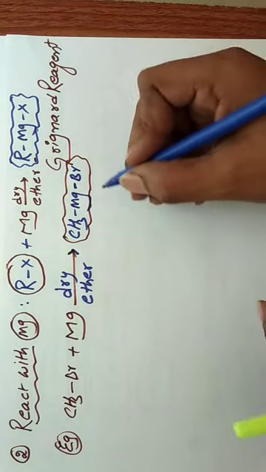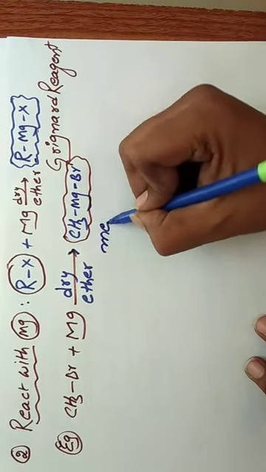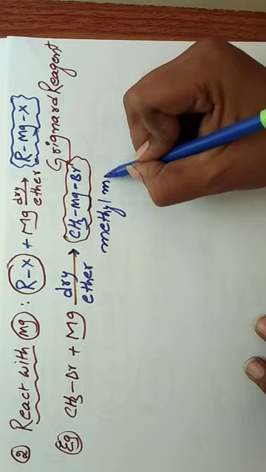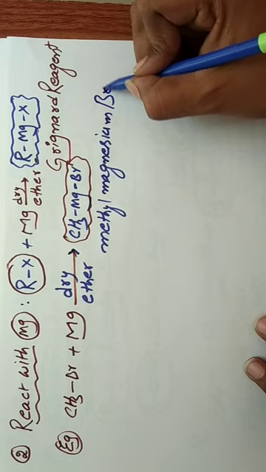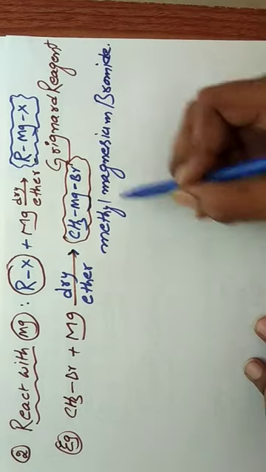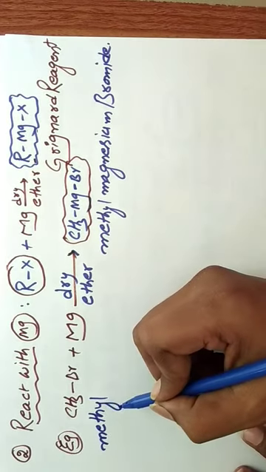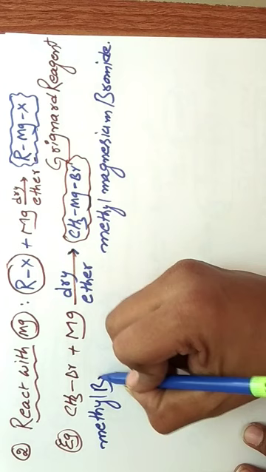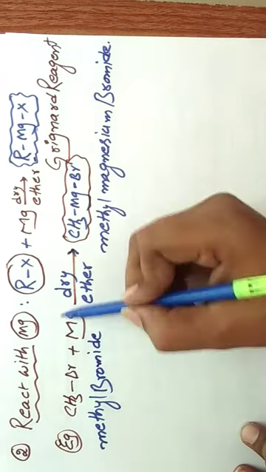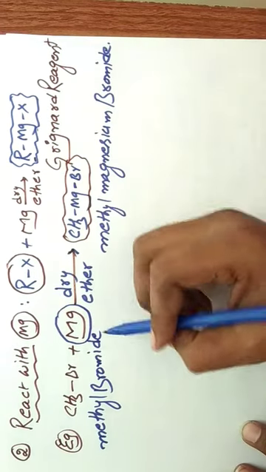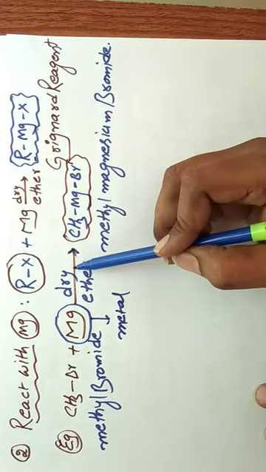This is the final product. What is its name? This is also a Grignard reagent: methyl magnesium bromide. Methyl bromide reacts with magnesium metal, pure metal, in presence of dry ether.